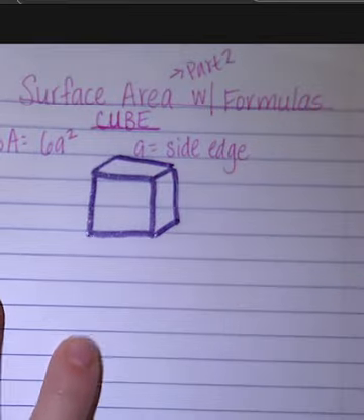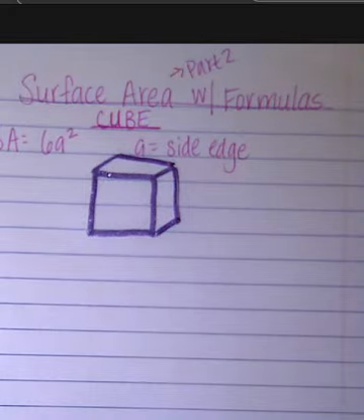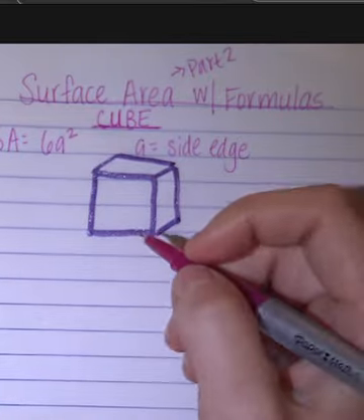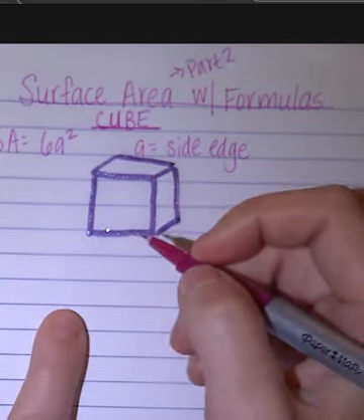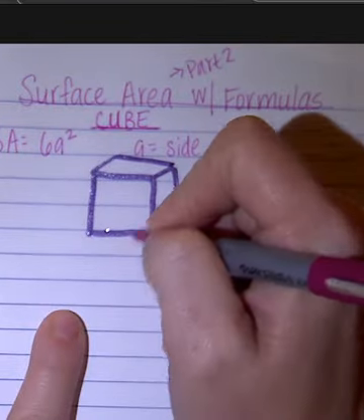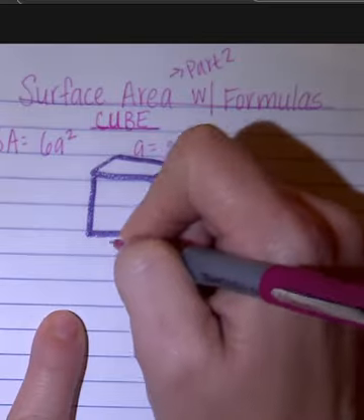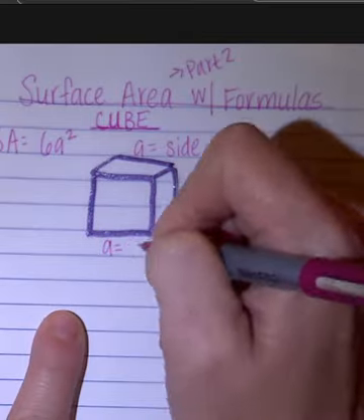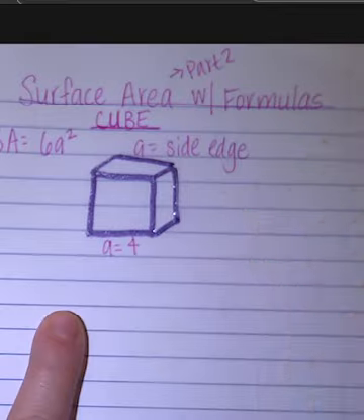Okay, so again, it's not perfectly sized just right, but it works. So here we have one side, and I'm going to give you that the side, or the A, is 4. Each side is 4 centimeters.